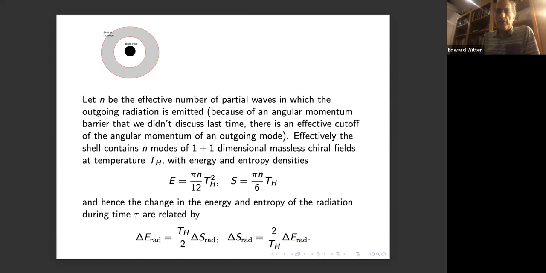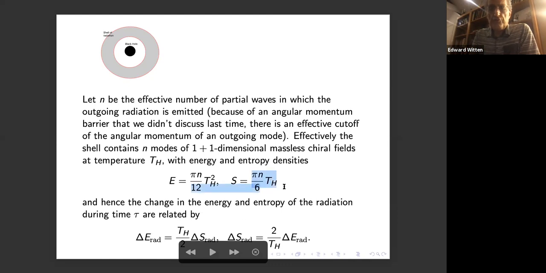But I'll just say that effectively the shell contains n modes of 1+1 dimensional massless outgoing fields at temperature T Hawking. As you may know from your study of quantum statistical mechanics, for n massless right-moving fields, or in this case outgoing, but equivalently right-moving fields in one space, one time dimension, the entropy at temperature T_H is given by this formula, and the energy is given by this formula.